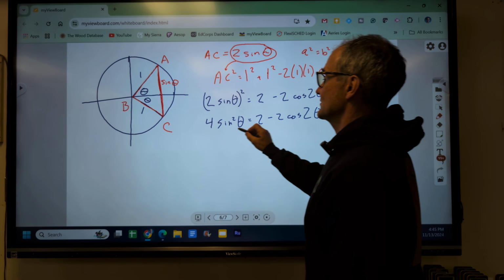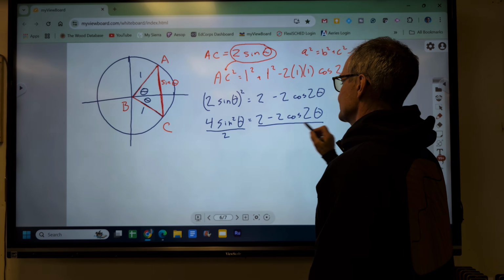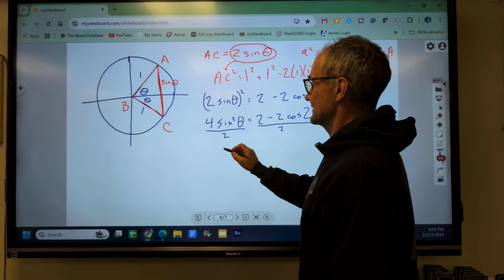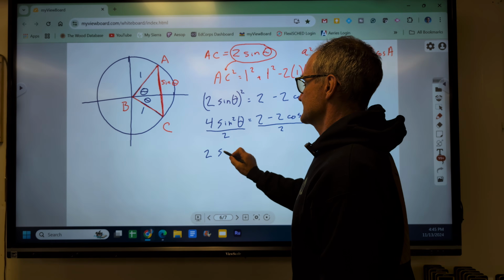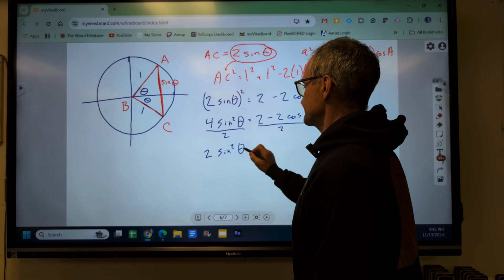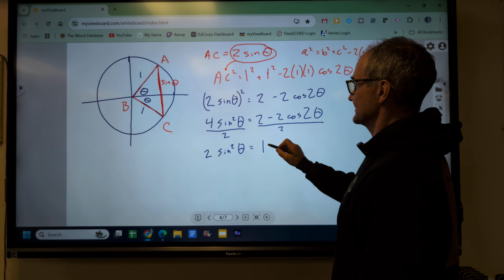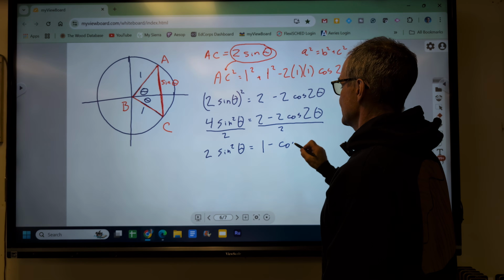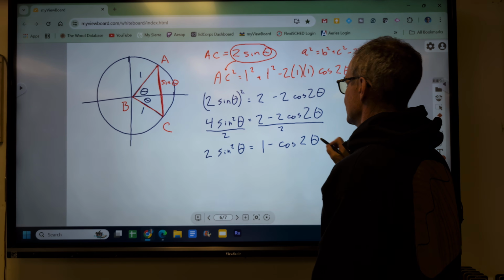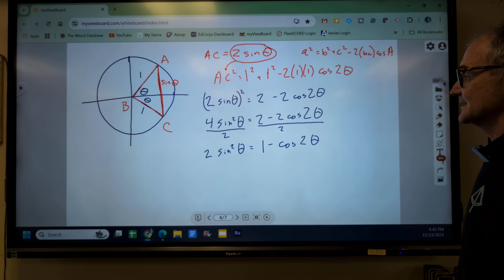Divide both sides of the equation by 2. 4 divided by 2 will give me 2 sine squared of theta is equal to 2 divided by 2, 1, 2 divided by 2 minus cosine of 2 theta. Clean that up a little bit.